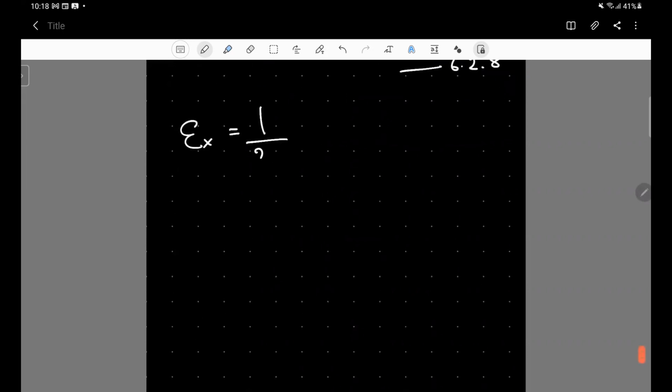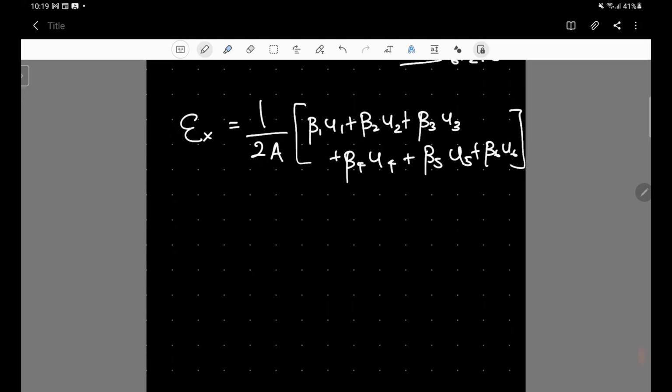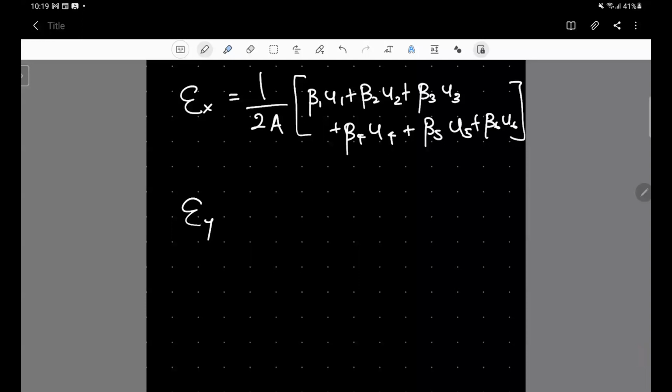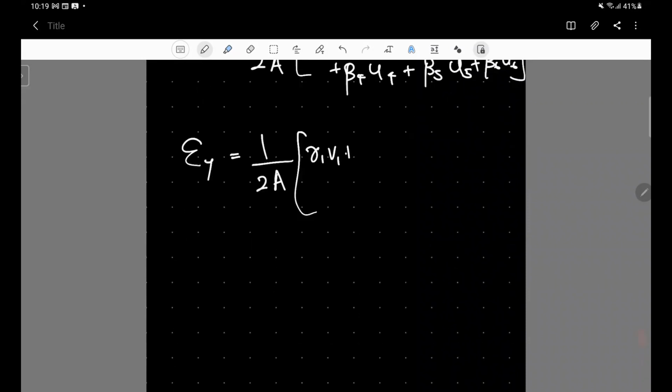would also be a function of, let's say, the area and beta 1 u1. The strain in the y direction is 1 over 2A, gamma 1 v1, gamma 2 v2.